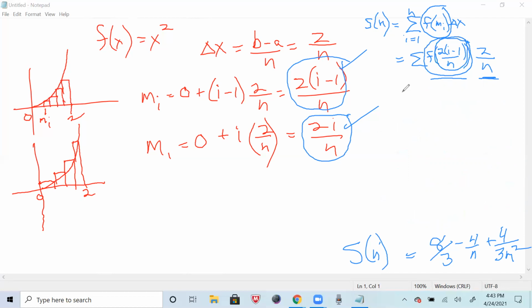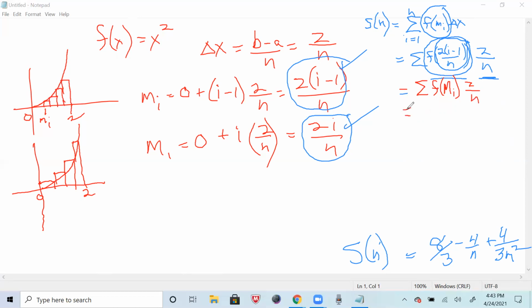And just redo this. Now let's do it in red. So this becomes f of capital M sub I, still times 2 over n, because delta x is still 2 over n.